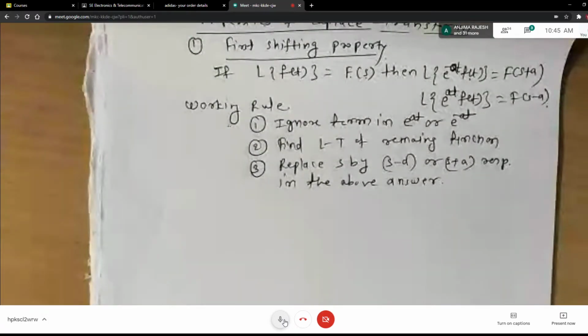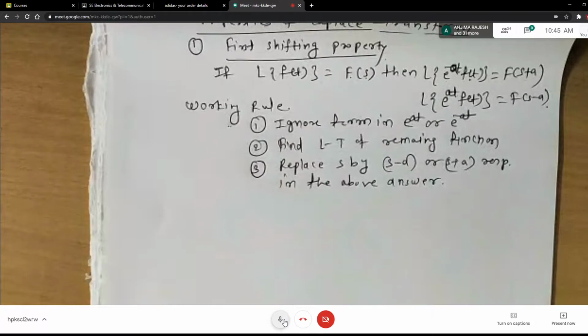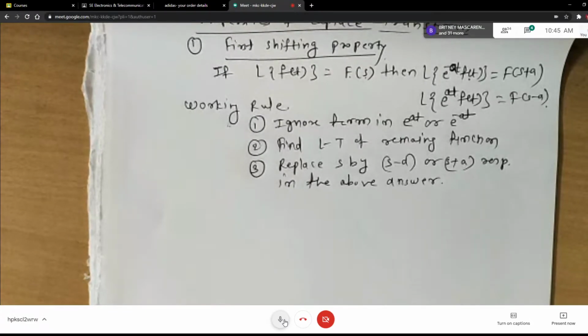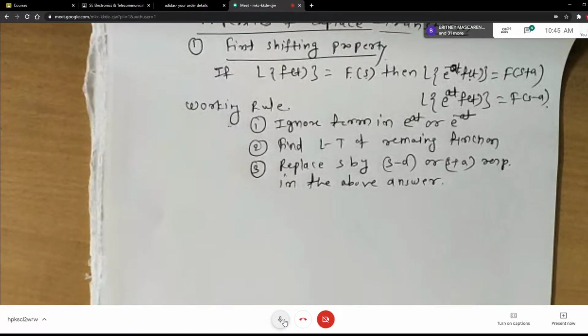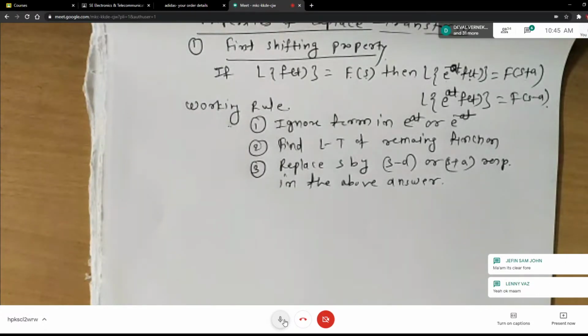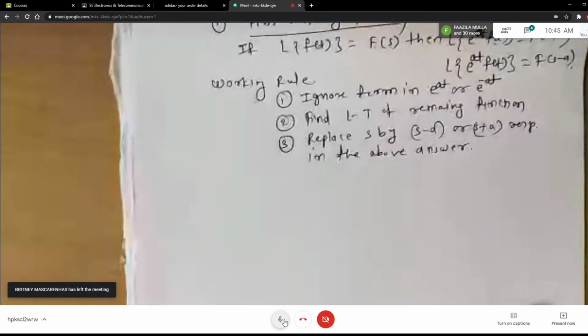Okay. I don't know now. Wait. Now check if any change. Just now it happened. Okay. Any change, students? It's clear now? Okay. So let us continue with the example.